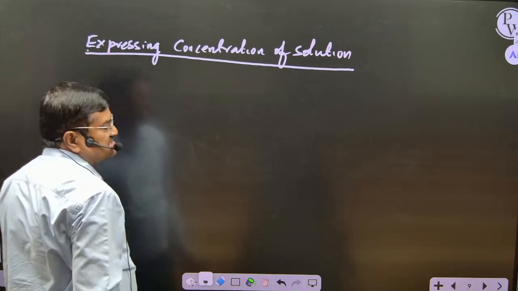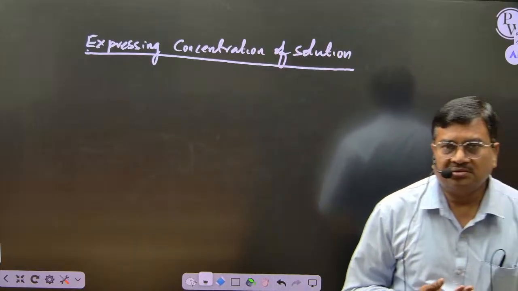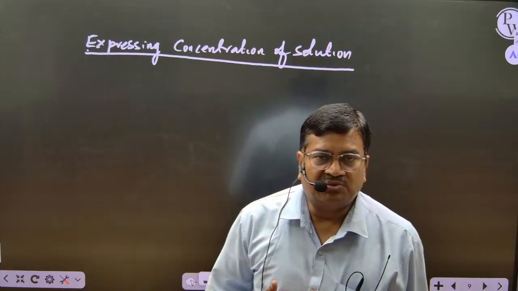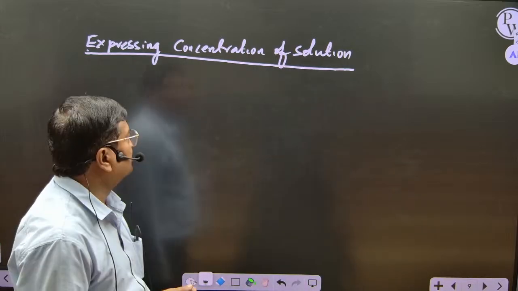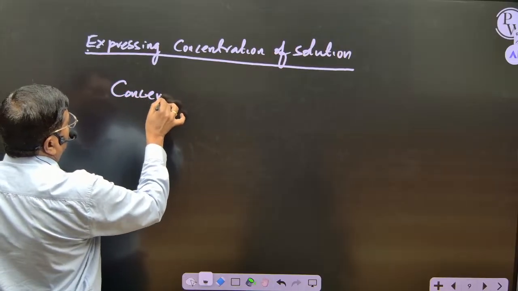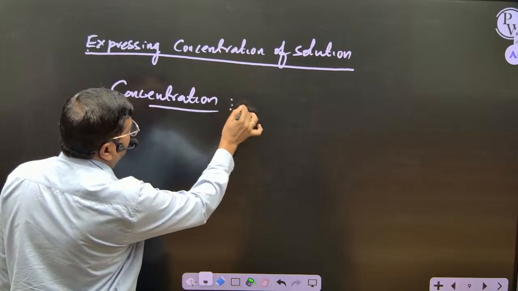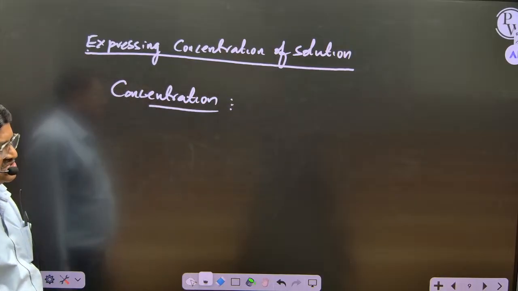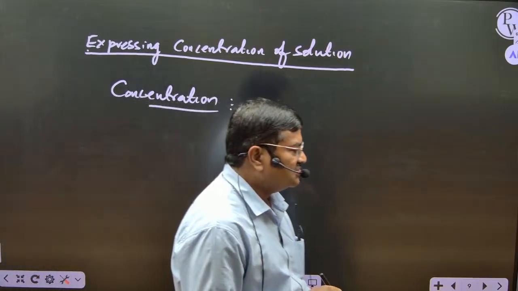Before expressing concentration of solution, students should know what is meant by concentration. What we define: the amount of solute present in a given amount of solvent is called concentration. So, what is the definition of concentration? Make a note. Amount of solute present in given amount of solvent. Suppose I am dissolving in 100 ml of solvent. In that 100 ml of solvent, how much amount is present?